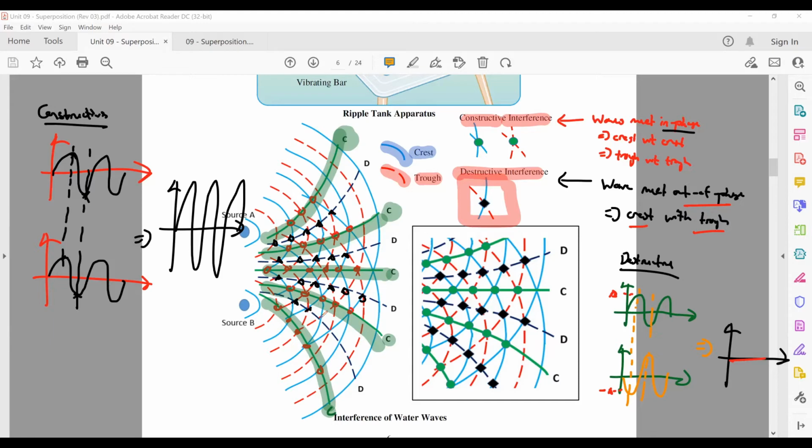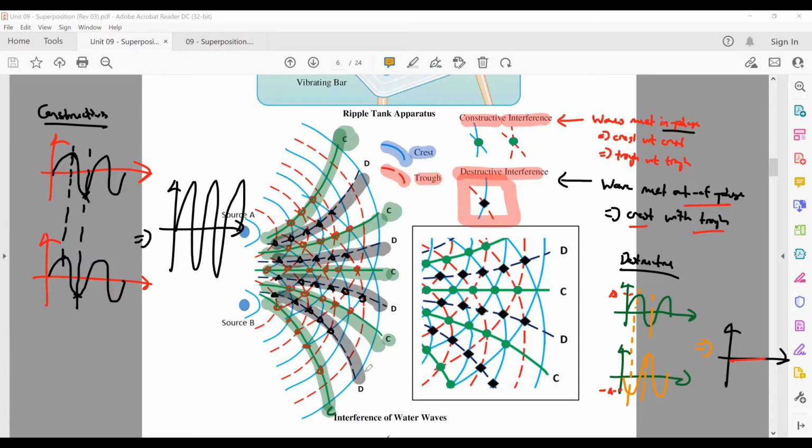It is all these little points where you see a solid line meeting a dotted line, which means a crest meets a trough. So this is where destructive interference occurs. You trace out all the points, they will form this little region here. This one here is destructive interference.